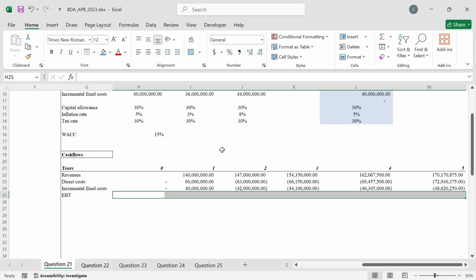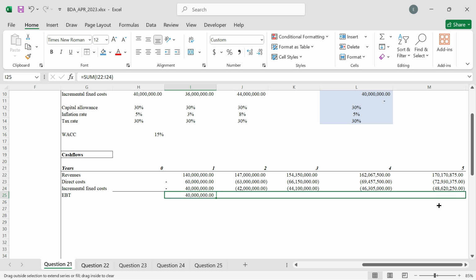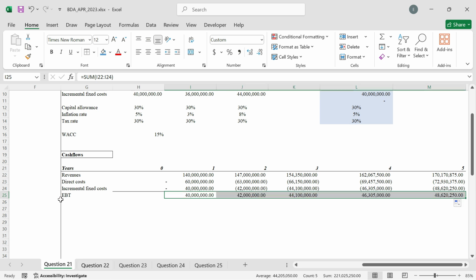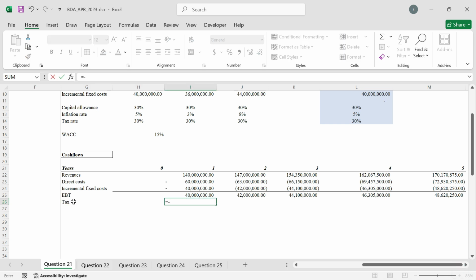The earnings before tax, which will be the sum of all my values. I'm also given the tax rate, so my tax will be equal minus 30%, which I lock, multiplied by my earnings before tax.